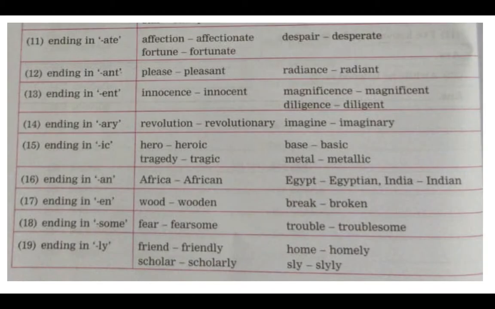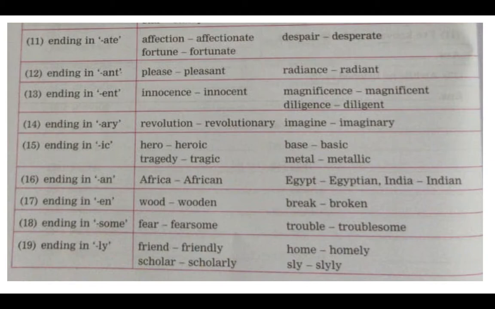Now here, ending in ate, affection and affectionate, fortune and fortunate. Remember, spellings change. Ending in ant, please and pleasant. Okay, this is a pleasant afternoon. Next, ending in ent, innocence and innocent.